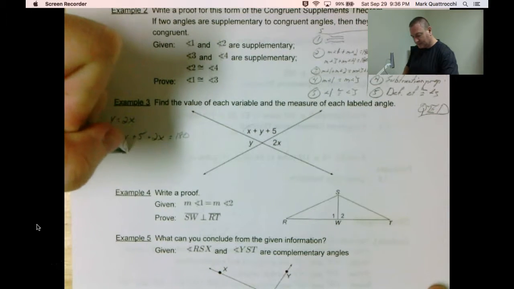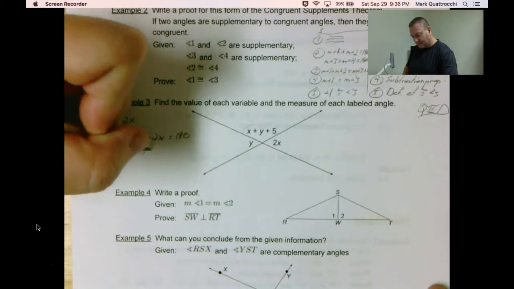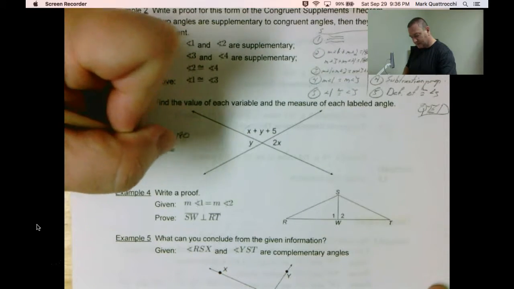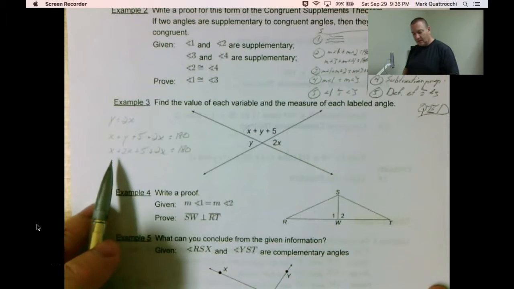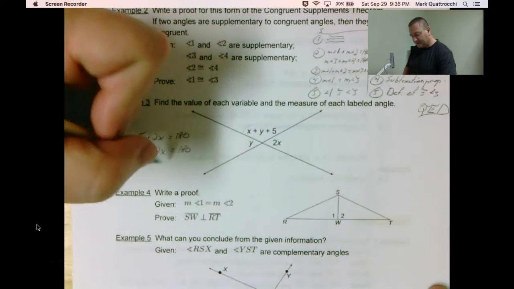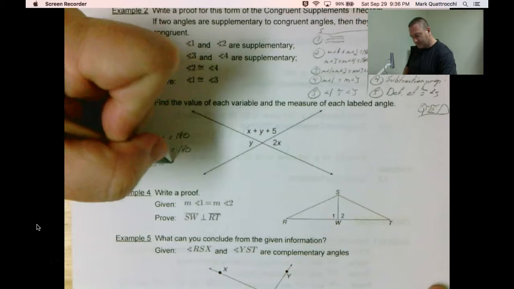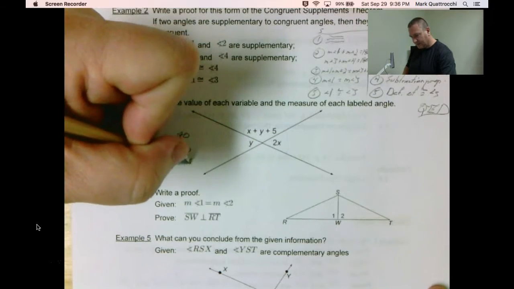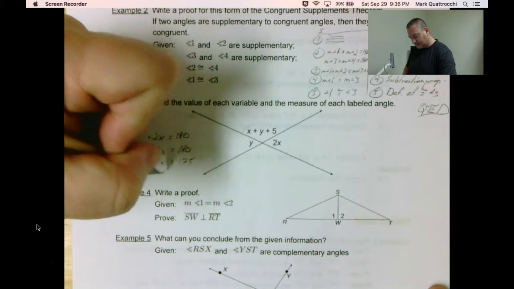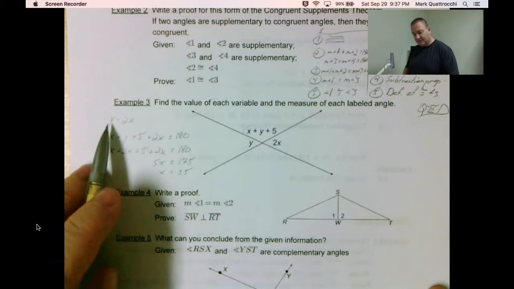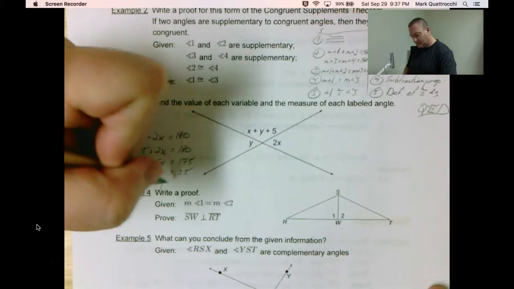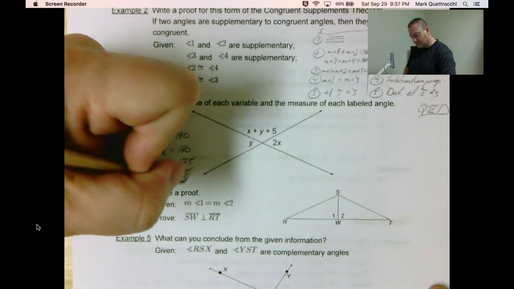So x plus 2x plus 5 plus 2x equals 180. I think I have 5x now. 5x equals 175. x equals 35. And 2 times x is equal to y, so y is equal to 70.